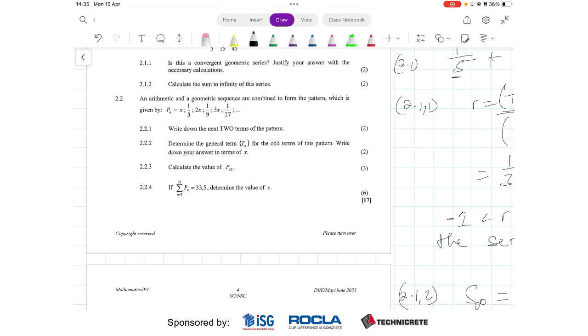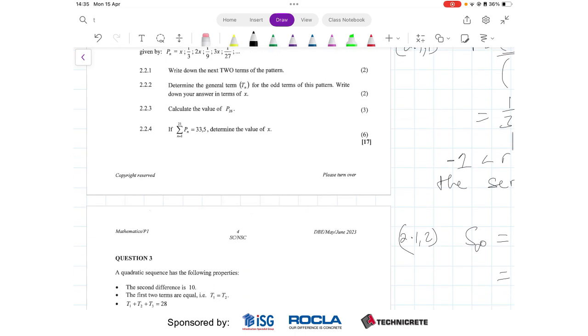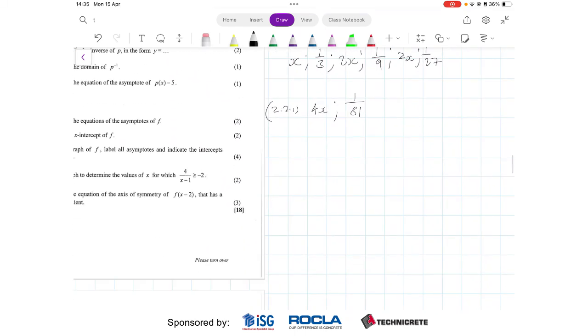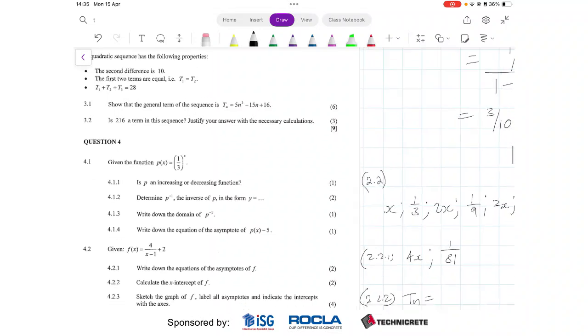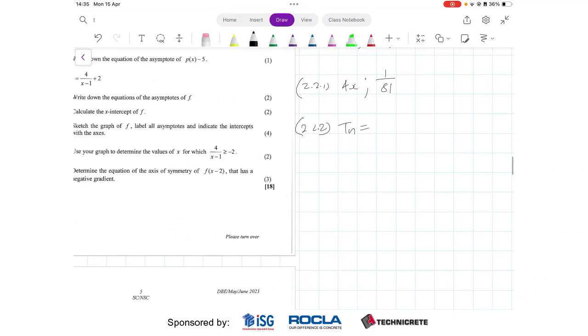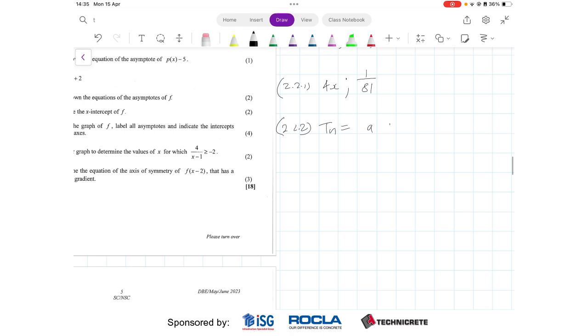Now write down the general term Tn for the odd terms of this pattern. 2.2.2. We are going to start with the formula. The formula tells us that Tn is equal to a plus b times n minus 1.